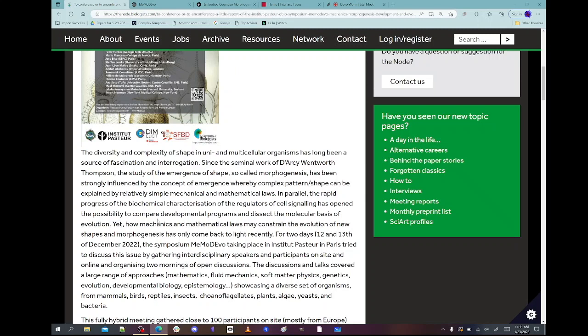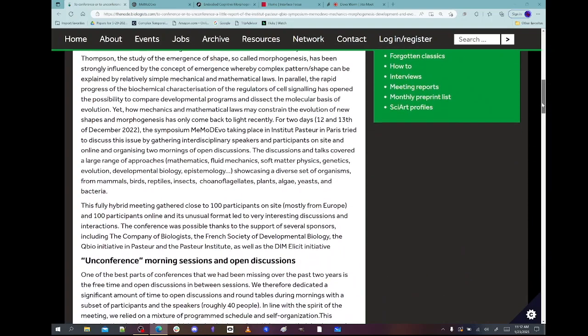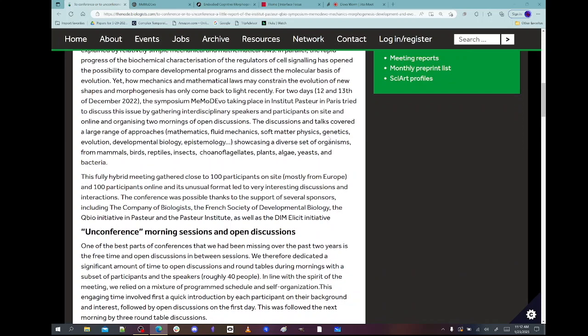So we want to be able to merge mechanics and mathematical laws. We also want to merge the molecular aspects of morphogenesis, and so that's what this workshop was about. And there were a number of speakers from different disciplines here. The discussions and talks that were presented covered a large range of approaches: mathematics, fluid mechanics, soft matter physics, genetics, evolution, developmental biology, epistemology, and so on.